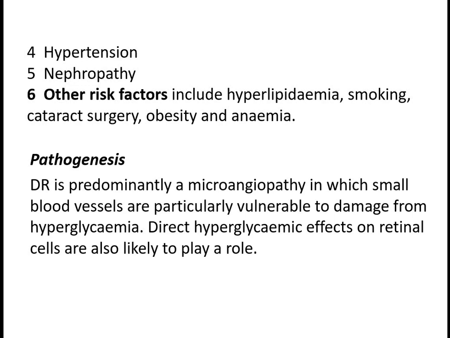What is the pathogenesis? Diabetic retinopathy is a disease of small blood vessels. There is a microangiopathy of small blood vessels due to damage of these blood vessels from hyperglycemia. And at the same time, direct hyperglycemia may affect and cause damage on the retinal cells itself.